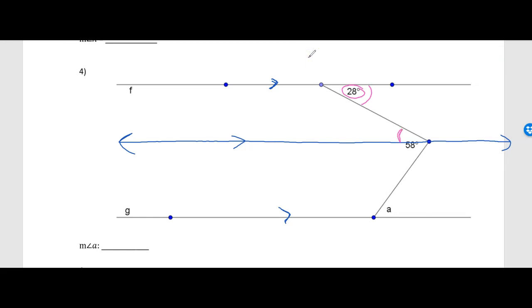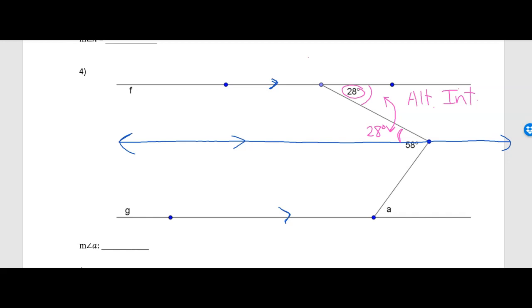And again, it may not be exactly half of 58, but the top part of the 58-degree angle. Well, those two angles right there are alternate interior, which means that they are congruent, which means that this angle is also 28 degrees.